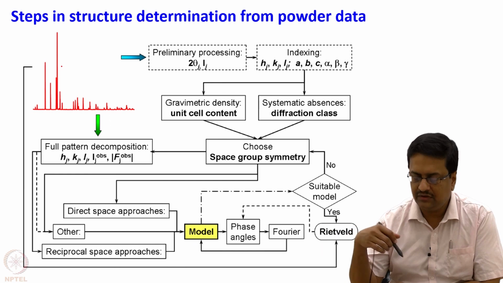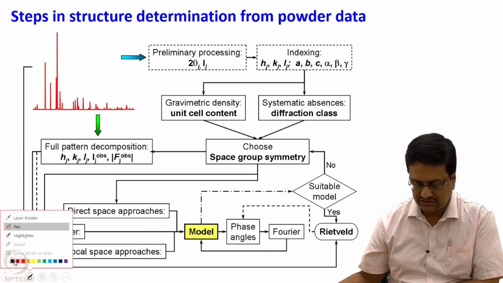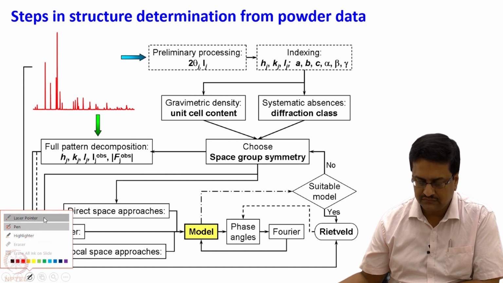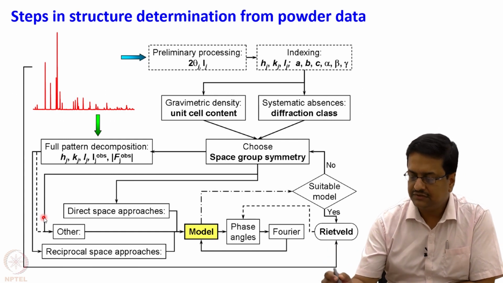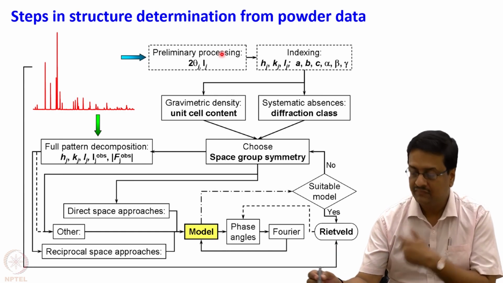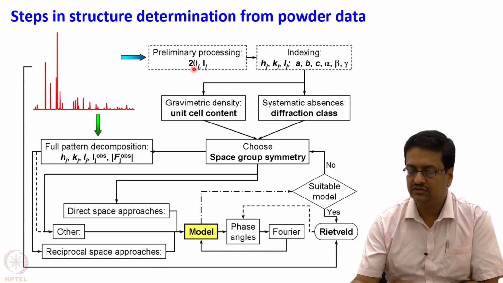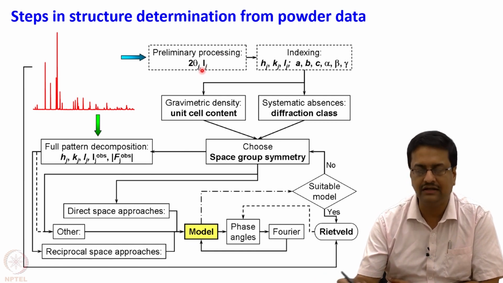So here the schematic diagram shows the entire process of structure solution from powder X-ray diffraction. The first point is the preliminary processing, that is to extract the 2 theta values and intensities of all the peaks that are there in the pattern.